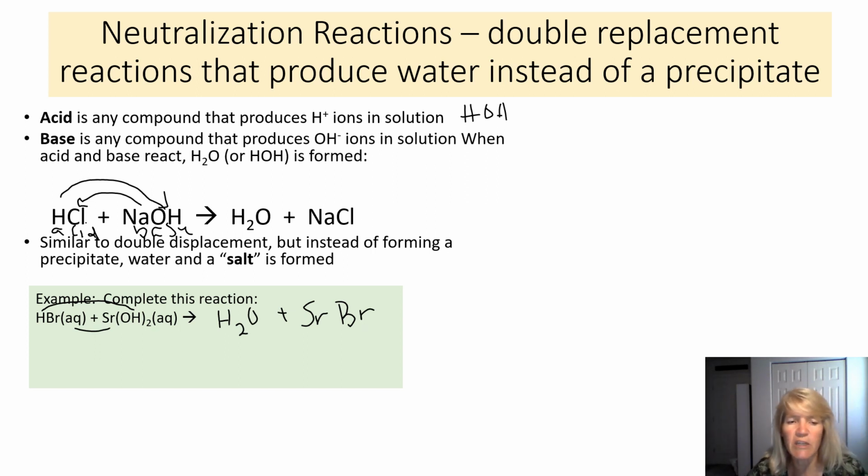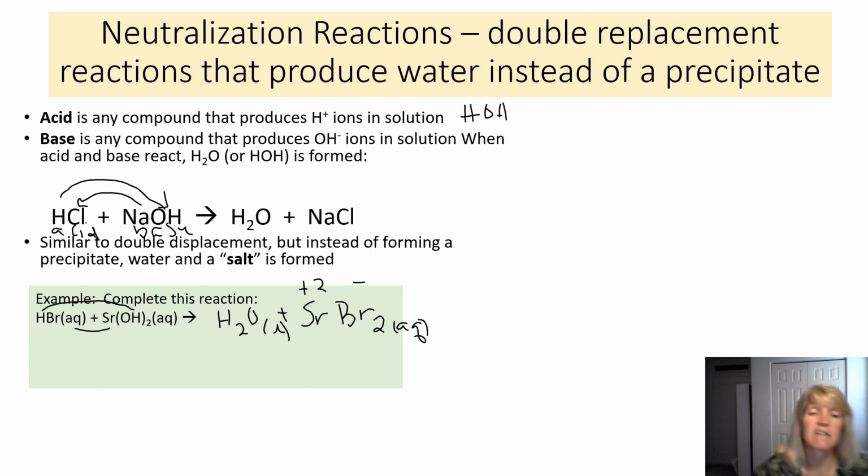Now, I didn't show the charges. H is plus, OH is minus, so we just need one of each. Strontium is +2, bromide is -1. So in order to make that balance, we've got to do SrBr2. And those are our products, and now we need to balance it. The states, we'd put liquid for water, and for this one, check your solubility rules.